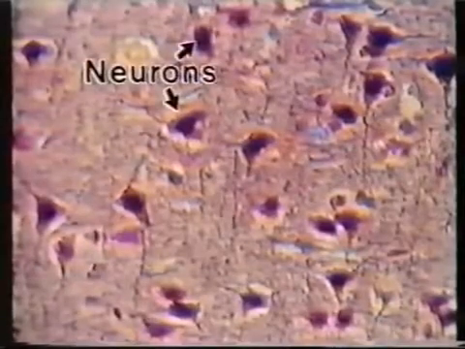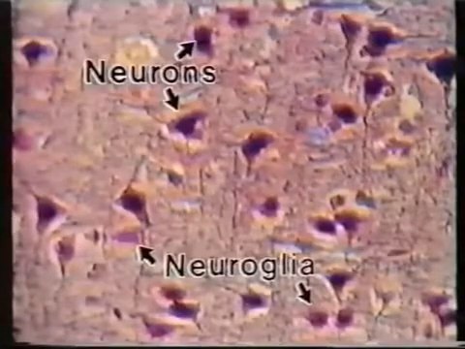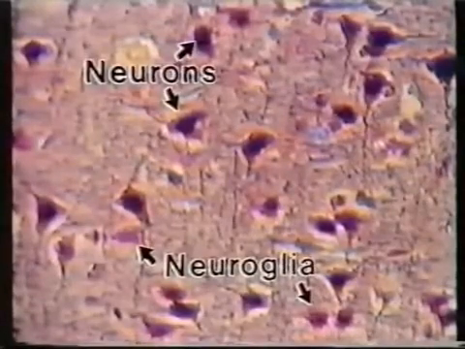Modern histologists recognize two major cell types in the central nervous system: the electrically excitable neurons and the neuroglial cells, variously described as connective tissue cells, nutritive cells, or phagocytes.